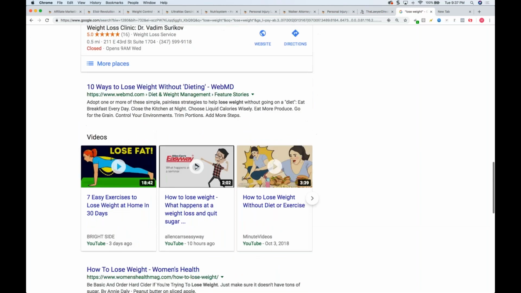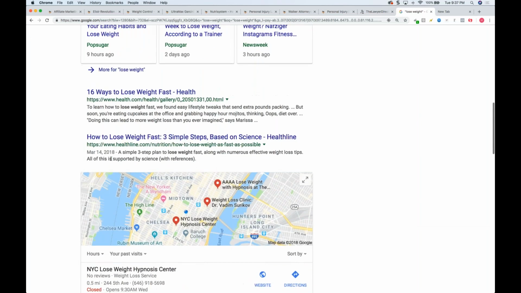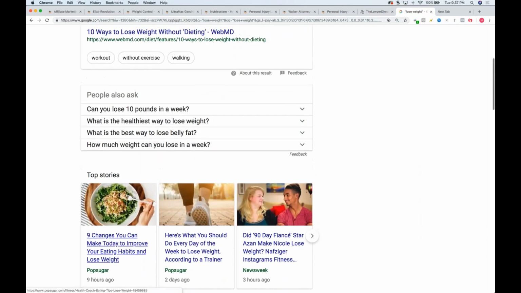So if you look at these top positions, right, these top ranked spots on Google, you're just not going to have the ability to outrank them. These are sites that have been around for 15 years, 20 years, some crazy thing like that, that are just going to have so much weight and so much authority in Google. You can't compete in the term lose weight or weight loss.